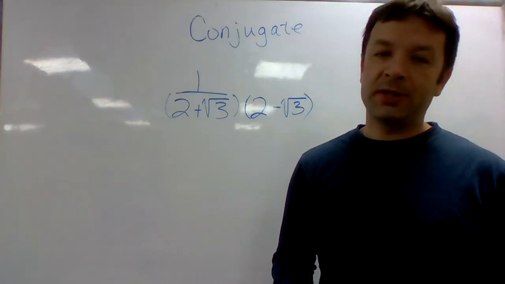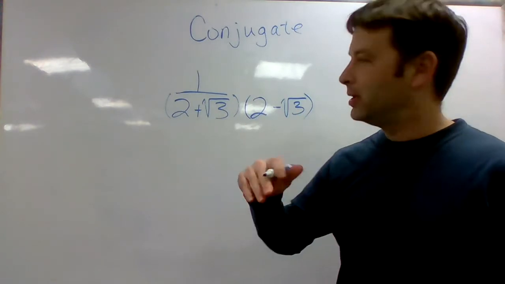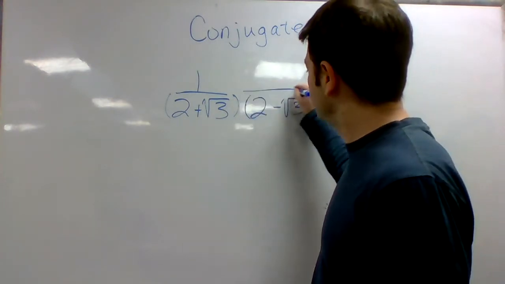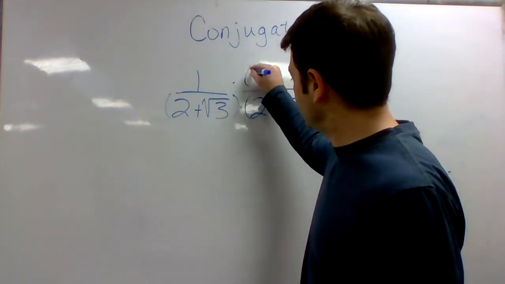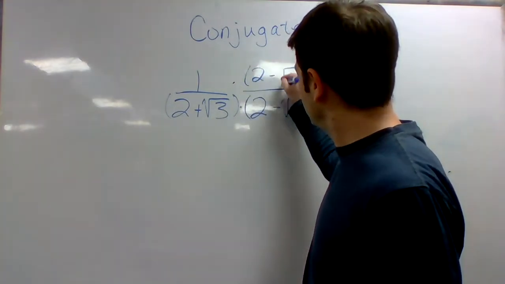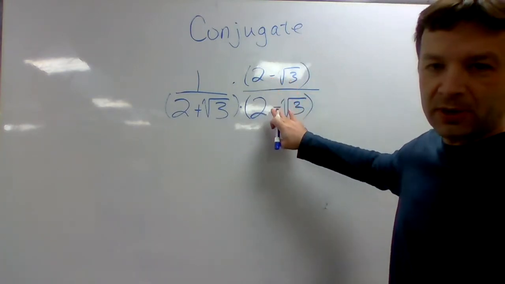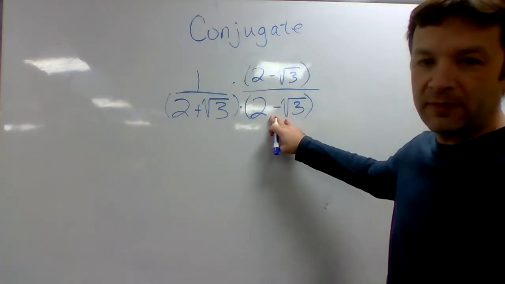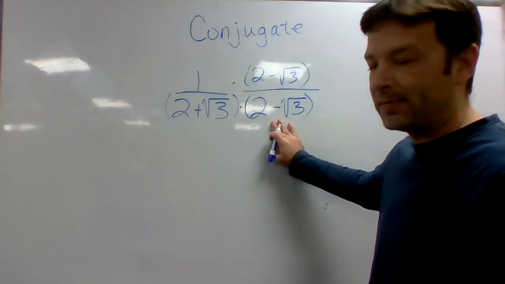Okay, but in fractions, if you do something to the bottom, you got to do the same thing to the top. Well, if you multiply the bottom by something, you got to multiply the top by the same thing. 2 minus square root of 3. Okay, because basically this over this, anything divided by itself is 1. If you multiply something by 1, it's the same value. It's just going to look different.